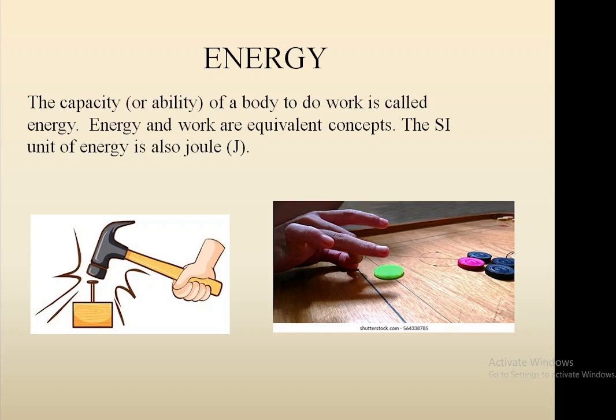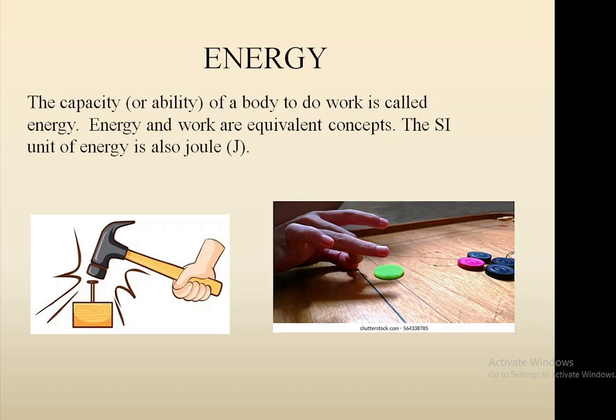For example, when a raised hammer hits a nail placed on a piece of wood, it drives the nail into the wood. Also, when the striker hits the stationary carom coin, it sets the carom coin into motion. In these two examples, the hammer or the striker has a capacity to do work on the other object.